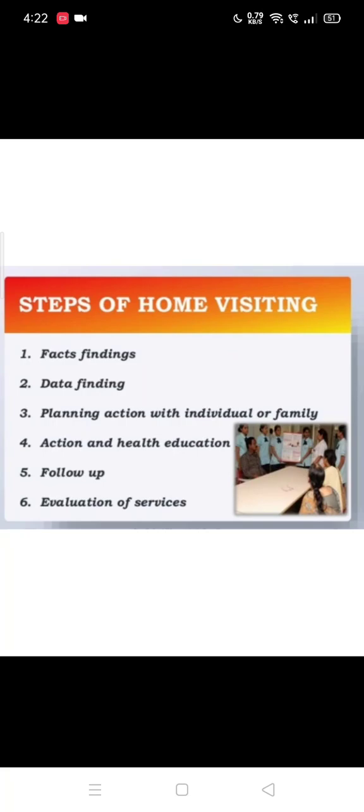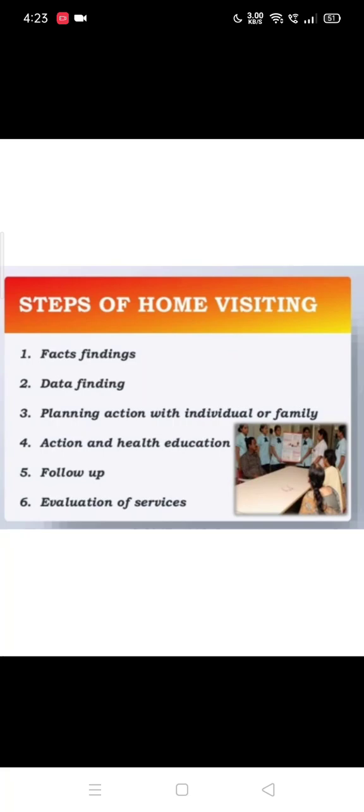Second step, data finding. Data finding means information, history. You have to take the history, you have to take the information. That should be genuine information, not false information.